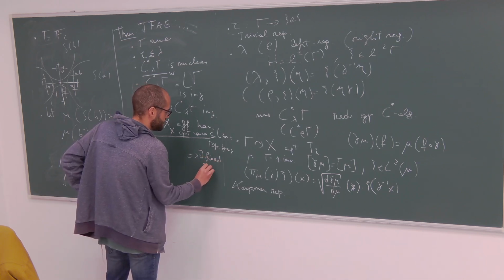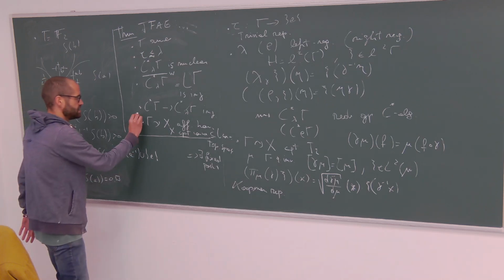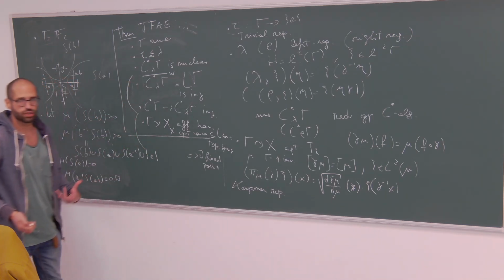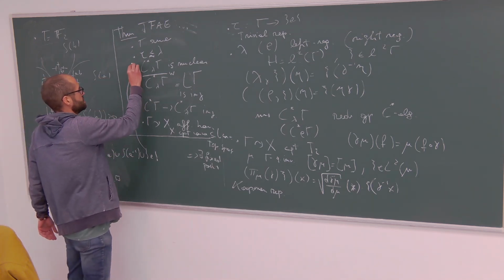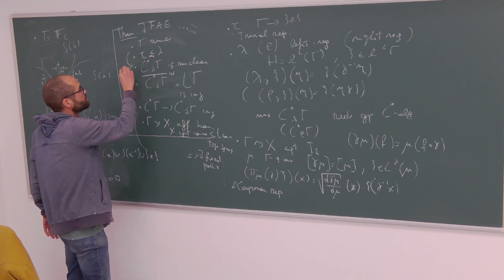So we have different characterizations: one with dynamical properties, others about the structure of operator algebras associated to the group, and also unitary group representations.